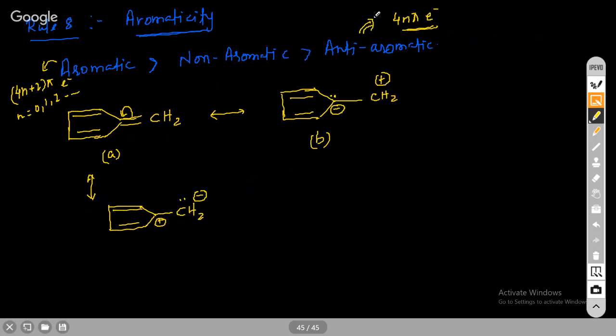See, this Huckel's rule is just a reference we have. There are many other compounds which do not follow Huckel's rule, but they are aromatic in nature. There are compounds which follow Huckel's rule, but still are not aromatic. So the research is still going on this. I'll give you in another class what compounds are there for aromatic things.